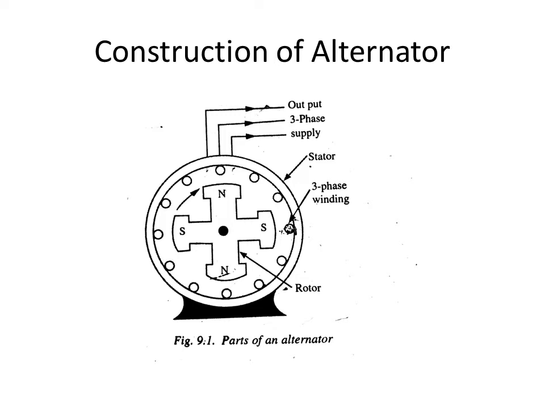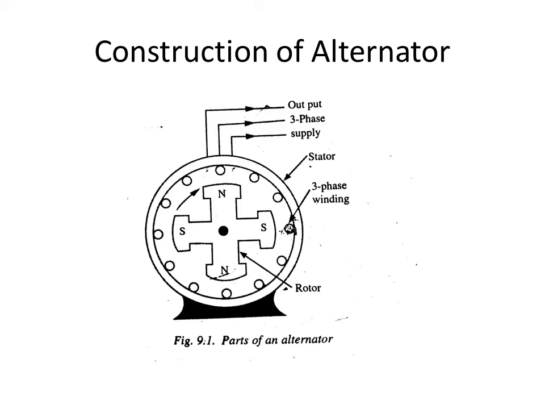The armature structure with the conductors is placed as the stationary part, and the rotor is the rotating part, the magnet part, with north and south poles. You can see in this diagram the central part along the shaft, that is the rotating part. So the rotor is a magnet, and the stator is the armature with many slots where conductors are placed.